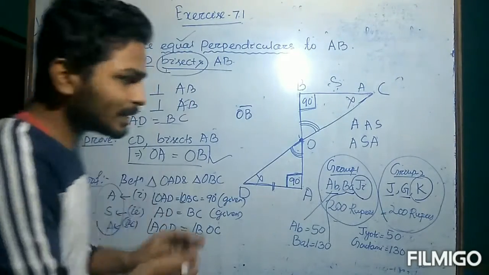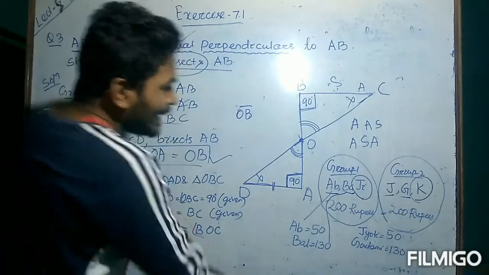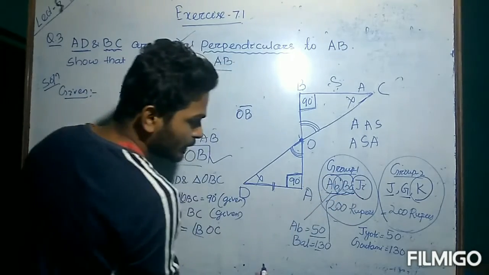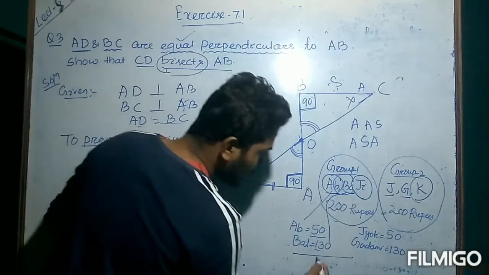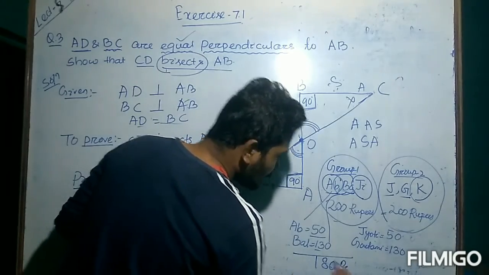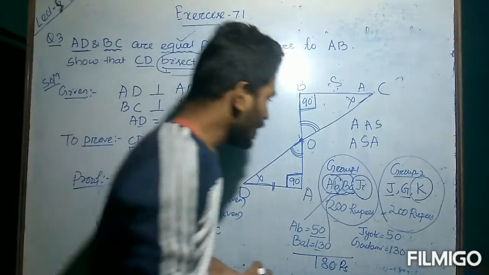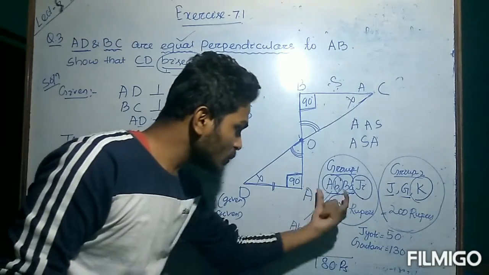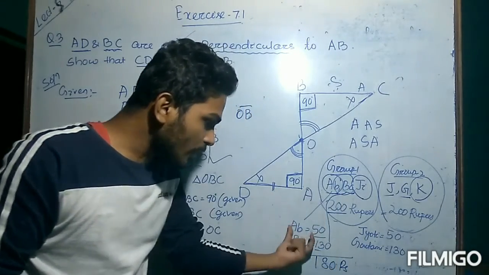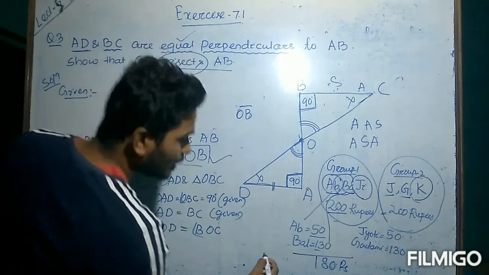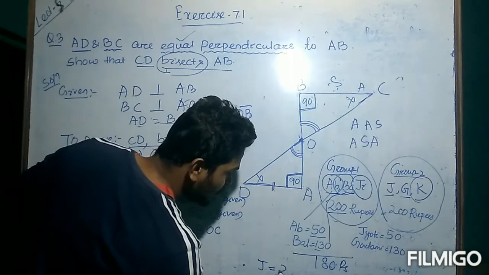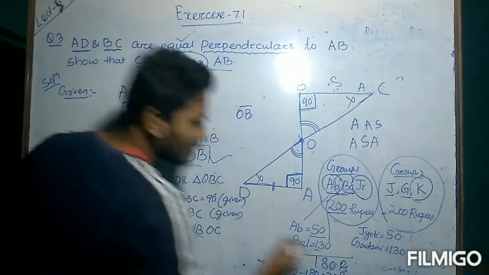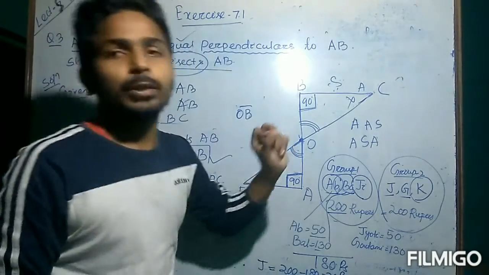Let us find out whether it is correct or not. Since Abhay has 50 rupees and Balram has 130 rupees, if we add them we get 180 rupees. As they have 200 rupees total, out of the 200 rupees, 180 rupees is with Abhay and Balram. Then the rest of the amount that Jitendra has is 200 minus 180, that is 20 rupees.